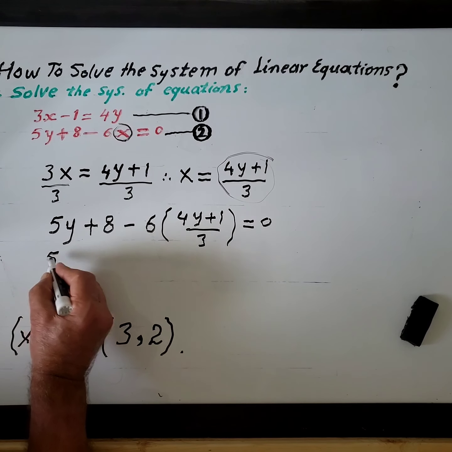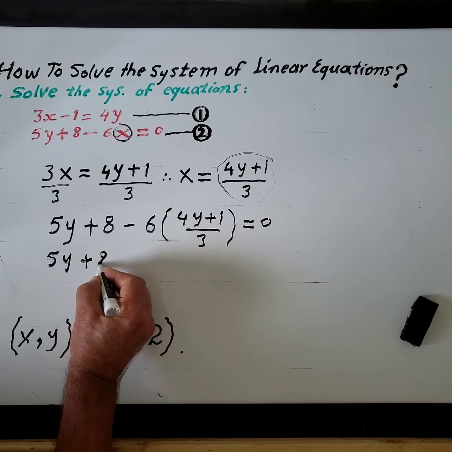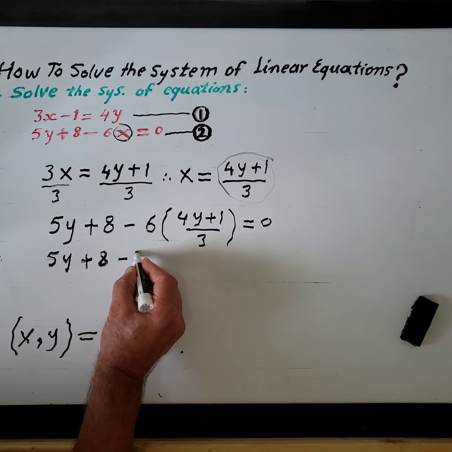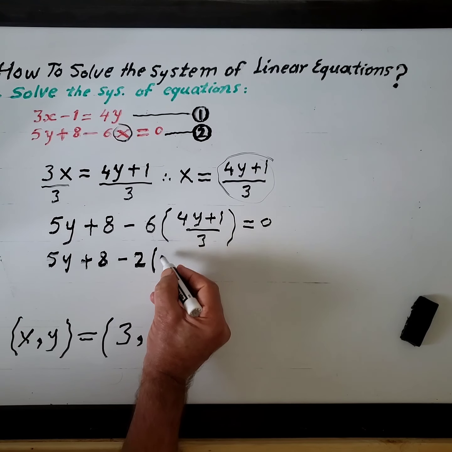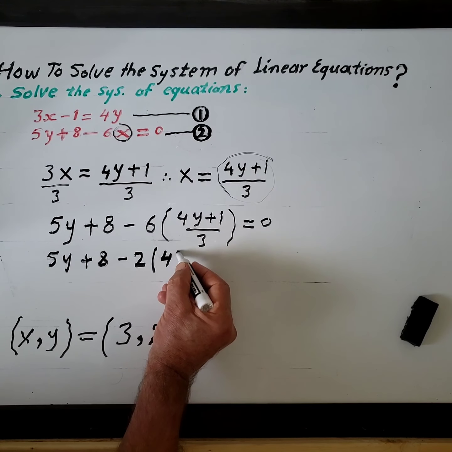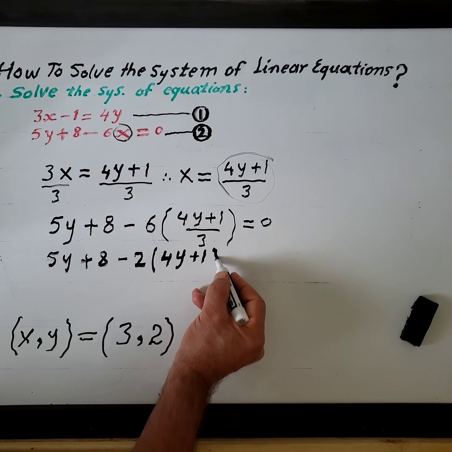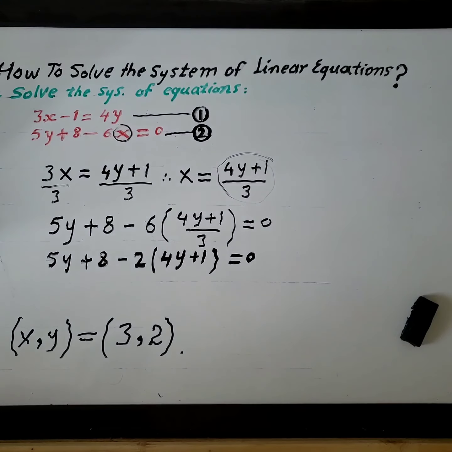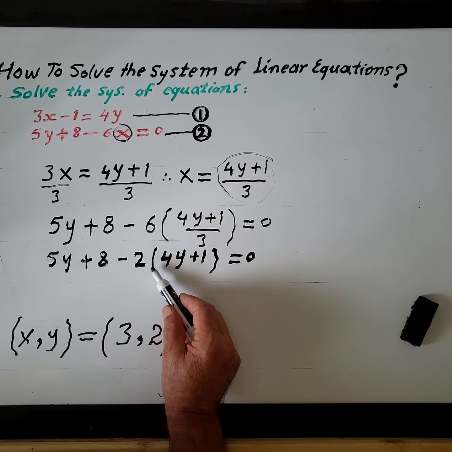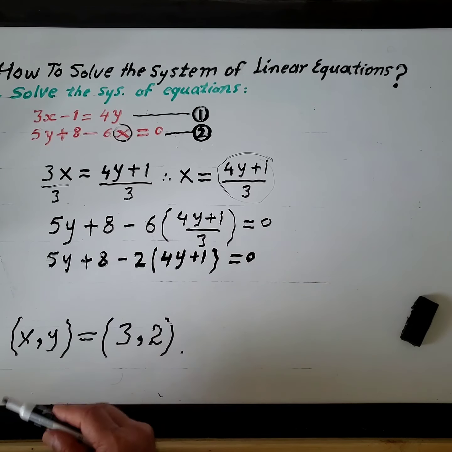Then 5y plus 8 minus 2 times (4y plus 1) equal to 0. Then eliminate the brackets by multiplying 2 inside the brackets.